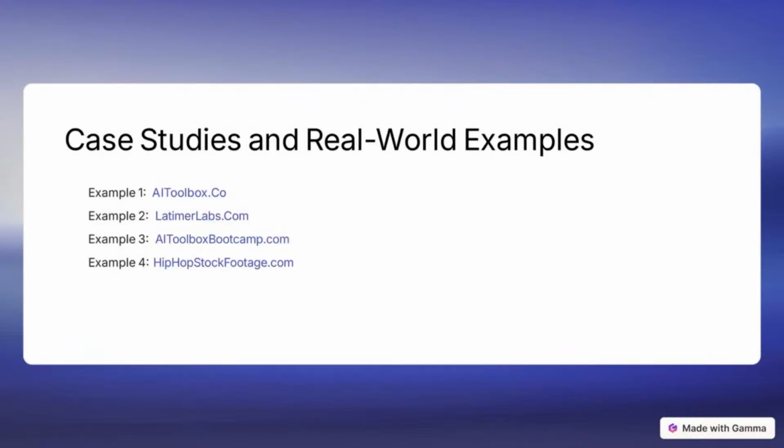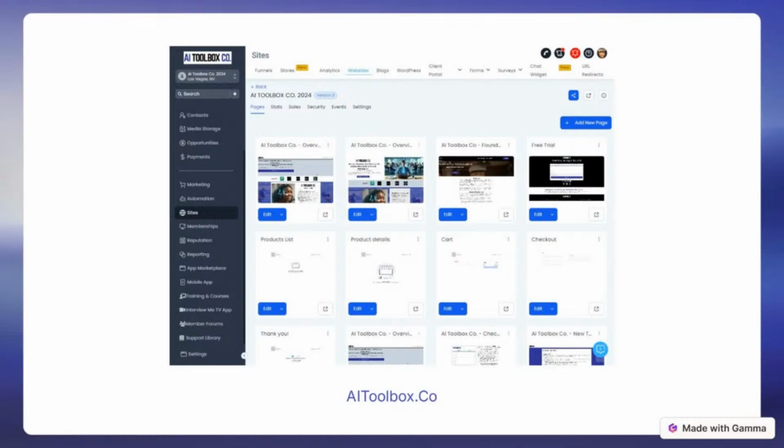Okay, so now I want to get into some specific examples and show you guys these things that we're talking about. This is the inside of our AItoolbox.co website. It is AItoolbox.co. This is our platform. Okay, let me introduce the concept here as well, you guys. It's called white label software.